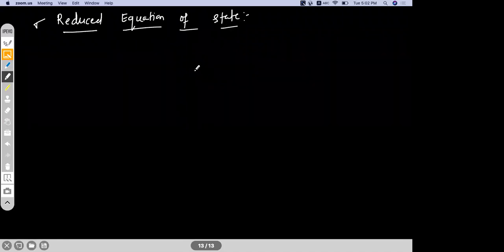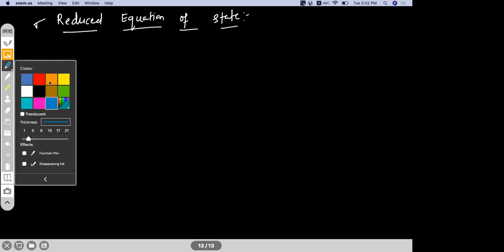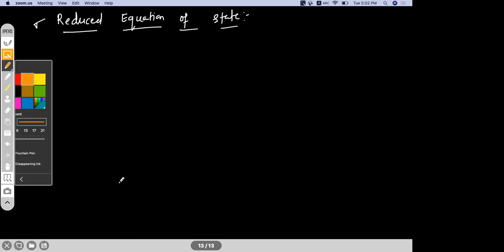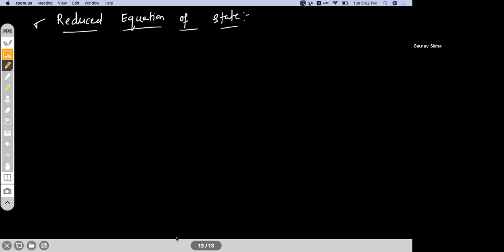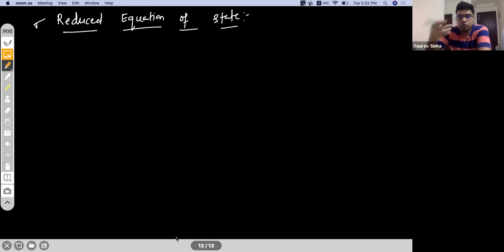Write down. See, reduced equation of state we define with respect to reduced temperature, reduced pressure, and reduced volume.